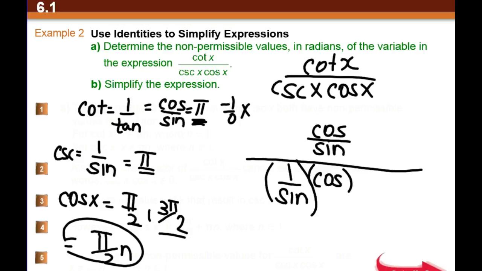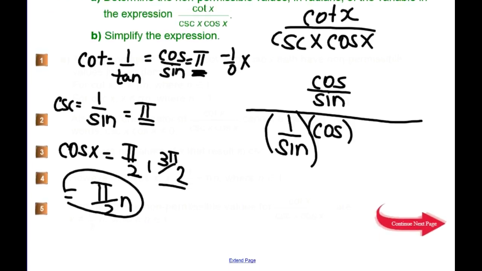If these two are multiplying together and we want to simplify the bottom a little bit, 1 times cos is cos, and then you still have sine in the bottom. So our top is now cos over sine, and when I multiply the bottom, I end up with cos over sine, because all I did was multiply 1 over sine times cos. 1 times cos is cos, and you have sine in the bottom.